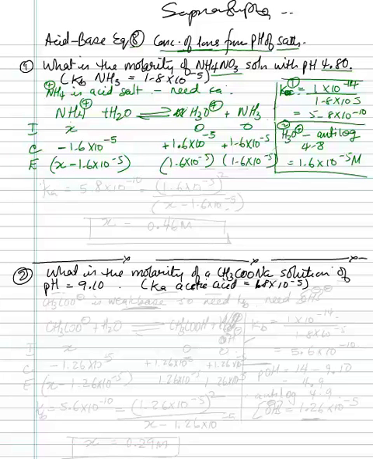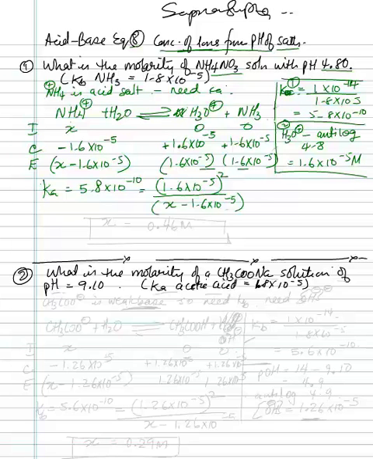Now we're going to set up our Ka, because this is an acidic salt. Ka is 5.6 times 10 to the negative 10, and this is equal to 1.6 times 10 to the negative 5, squared because we have 2 of those, over X minus 1.6 times 10 to the negative 5. In this case you cannot ignore X because that's what we are calculating.